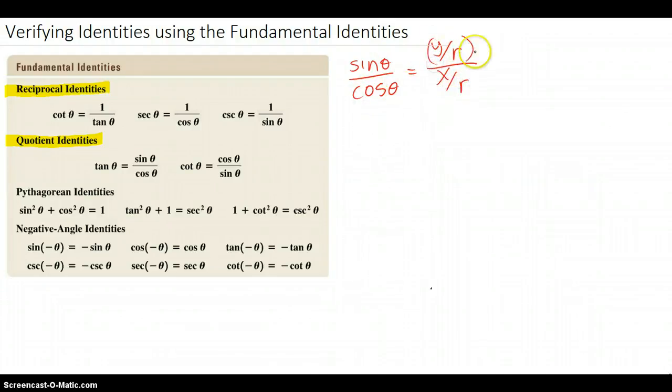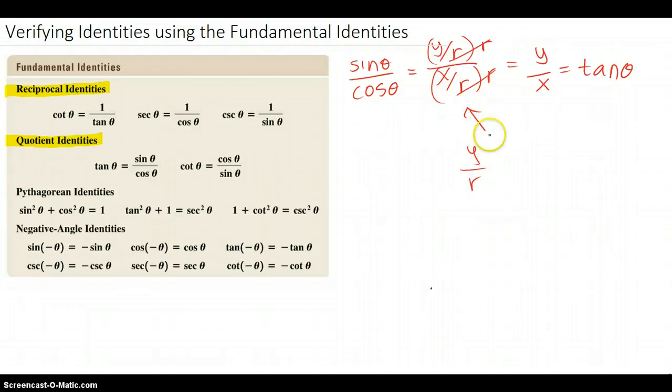If I multiply both sides by r to get rid of the complex fraction, the r's cancel and you end up with y over x, which is tangent of theta. Another way you could have thought of this is y over r divided by x over r. And we know dividing, you multiply by the reciprocal, and the r's could have canceled that way as well.